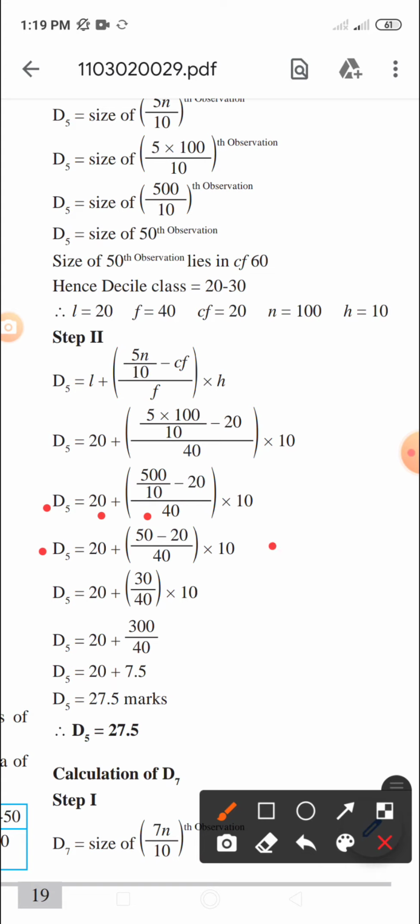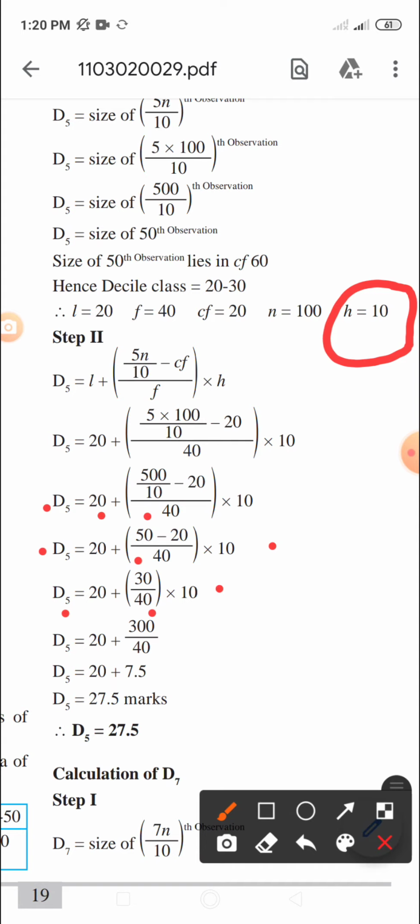H, that is upper limit minus lower limit of the decile class, that is the value of h is 10. So D5 is equal to 20 plus, for 50 minus 20, that is 30 upon 40 into 10.